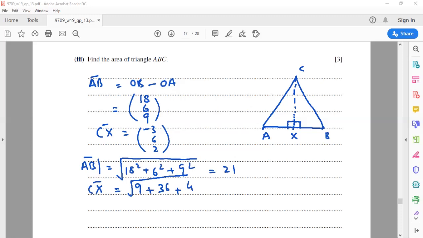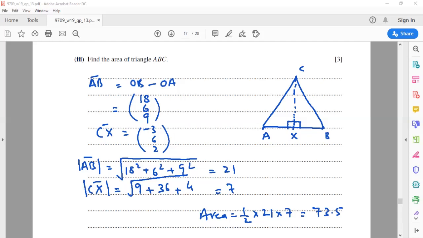And for the magnitude, this is the symbol for this. So this gives us 7. So for the area now, it is half base times height. The base is AB, which is 21, and the height is 7, and this simplifies to 73.5 square units.